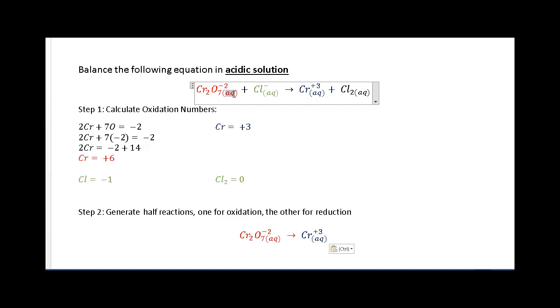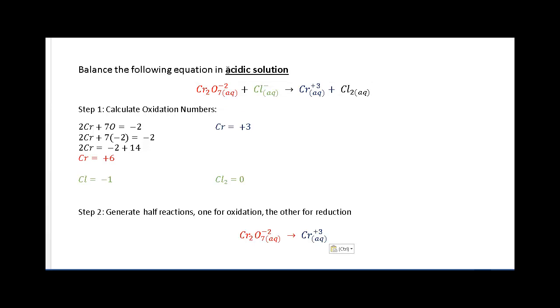So we have a lot of water around, so we can use that to balance our redox reaction. The second thing we have in abundance is protons, H+. So H+ is around that we can use to balance this, as well as water.